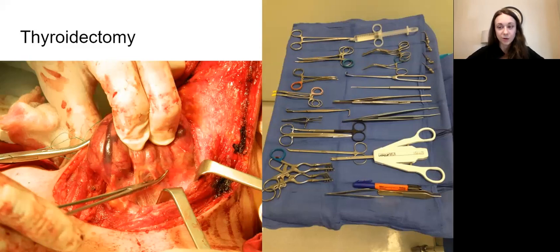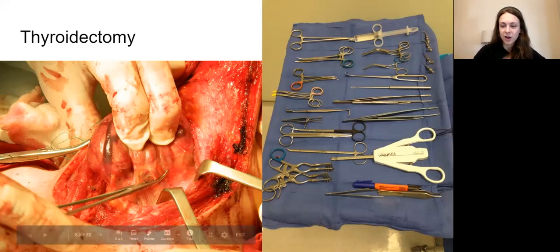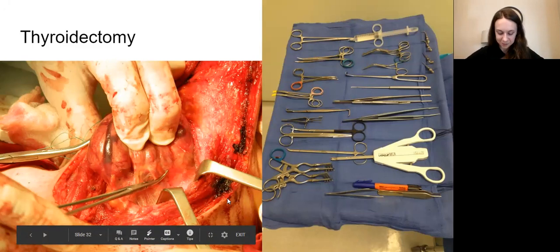That is the anatomy I want you to focus on, but you should read through all of it. You will see that it's very vascular, and that's why I have these clip appliers up here ready to clip and cut vessels. There are also lots of silk ties hiding out over here to ligate more vessels.